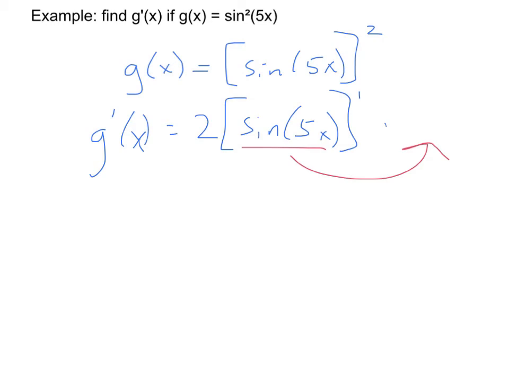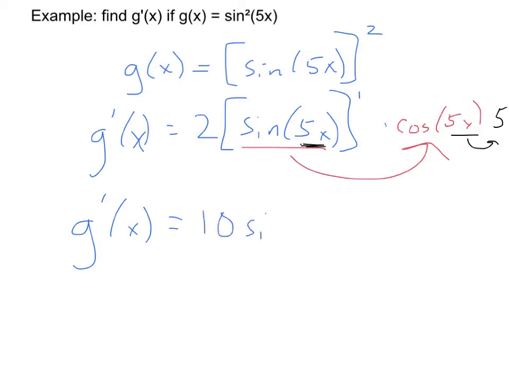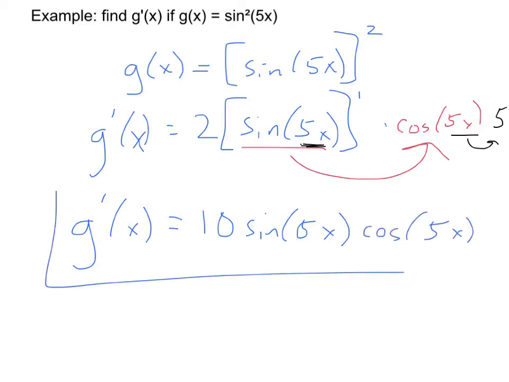The derivative of sine 5x will be cosine of 5x times the derivative of what's inside of that, this 5x that we had left over. So multiplying that, we'll get another 5 at the end. And so again, I'm going to take a second to pretty this up. I'll multiply the 2 and the 5 together to give me 10 sine 5x times cosine 5x. And this is my derivative.